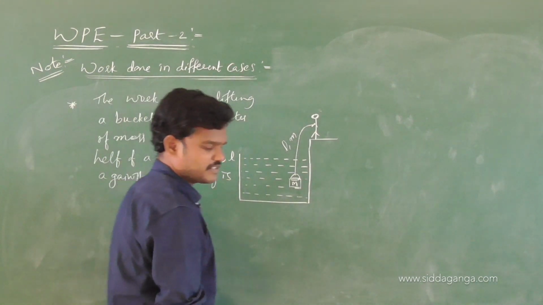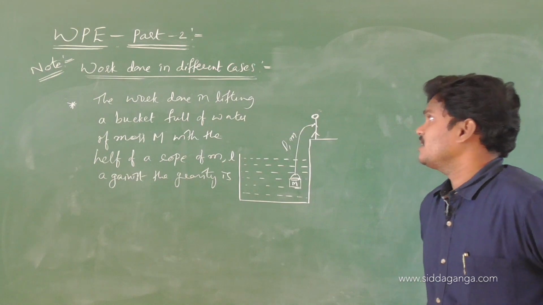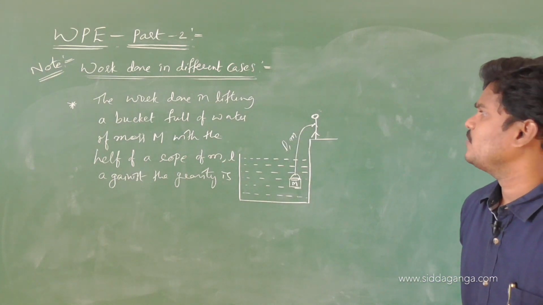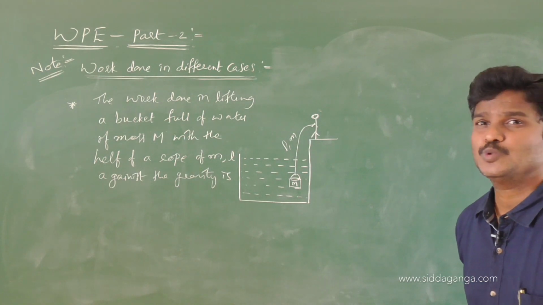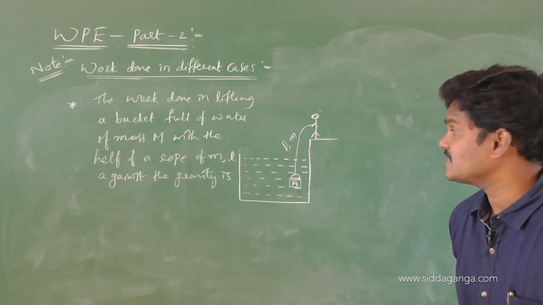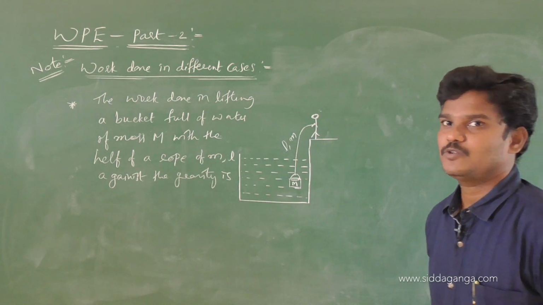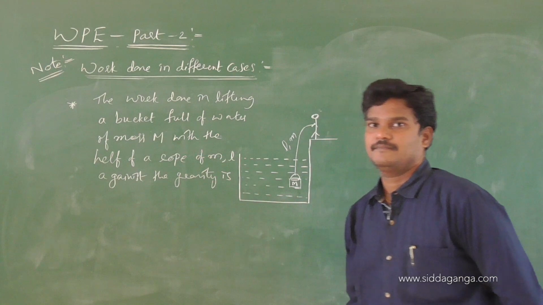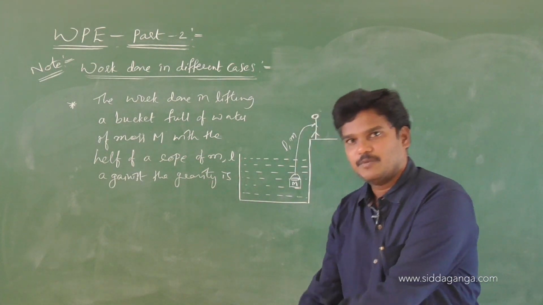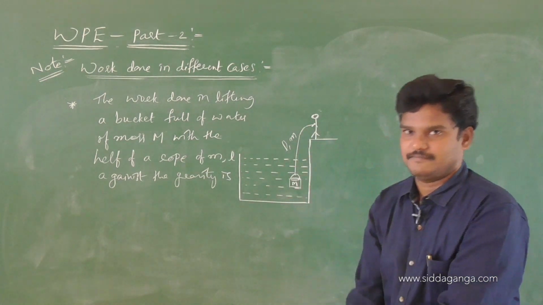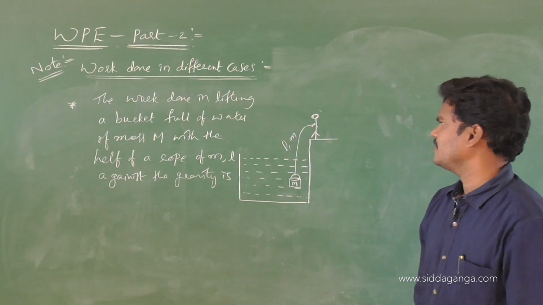Words are our interest, just follow the theme. So what I want to write: work done in lifting a bucket full of water of mass M with the help of a uniform rope whose mass is m and whose length is L, against the gravity. We need to find the work done against the gravity. Tell me how much work is done in lifting a bucket full of water onto the surface with the help of a rope, with the help of a string.